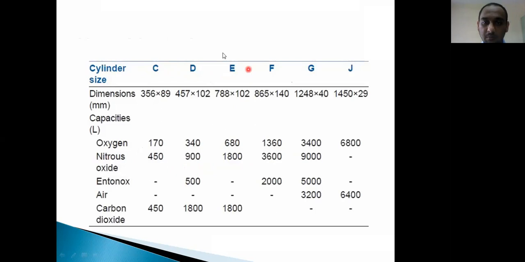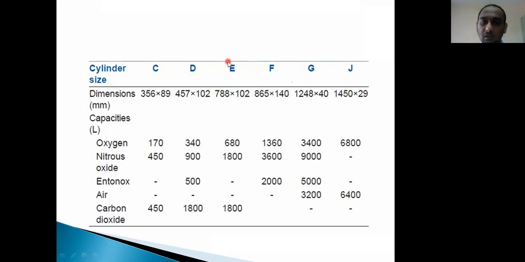So the type E is the most common size, and the type E or type F are the ones that you are going to see most commonly, even in the wards where patients are being transferred, say from the ward to the ICU, or from the ICU to the CT scan room, or the MRI room, or from the ICU to OT.